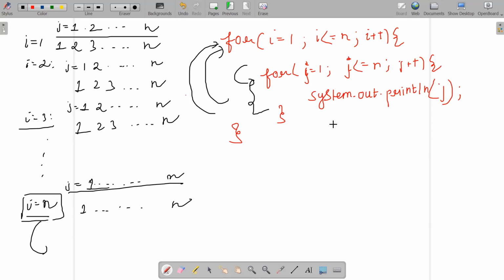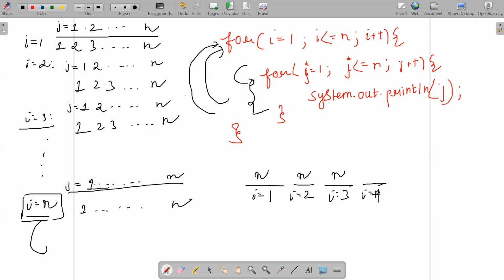Overall, how many times have both the loops run? Whenever my I equals 1, the inner loop has run N times. Whenever my I equals 2, the inner loop has run N times again. Whenever I is 3, N times again.